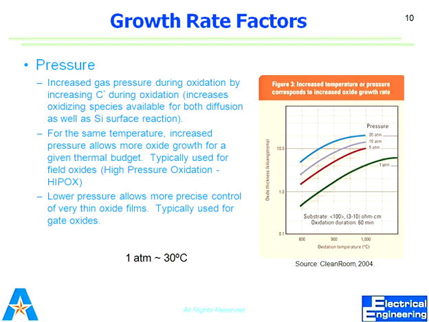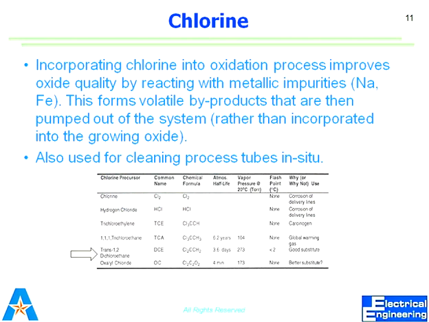Mostly in the growth of oxidation, the greater the growth rate, the worse the quality of the oxide. Generally speaking, like pressure or temperature or anything else. At high temperature, the higher the rate, the lower the quality; the lower the rate, the better the quality.